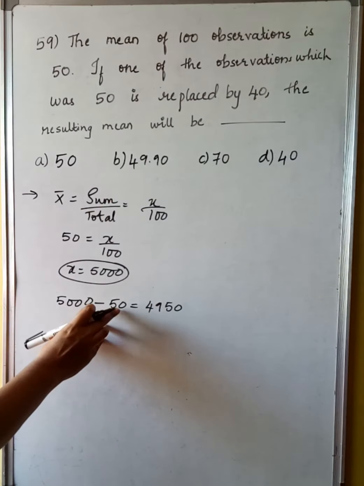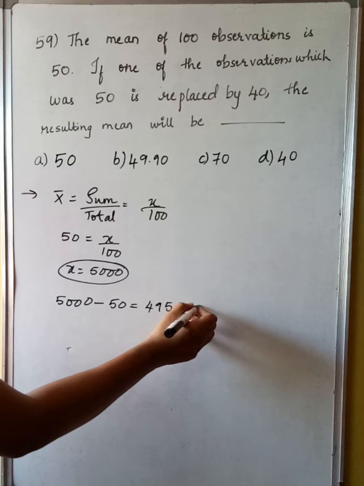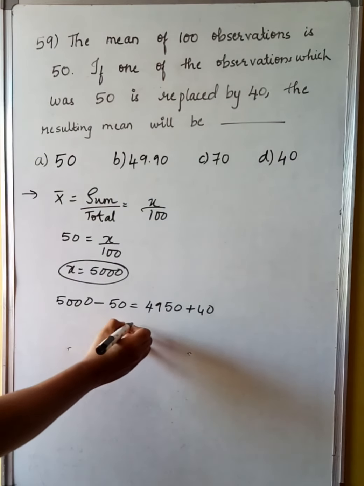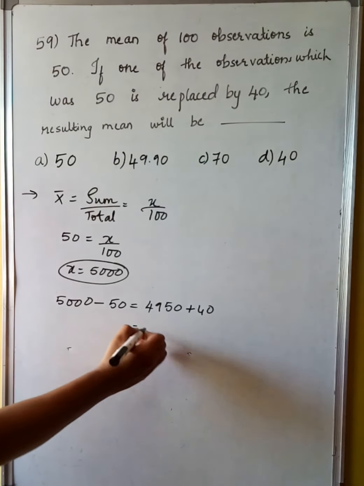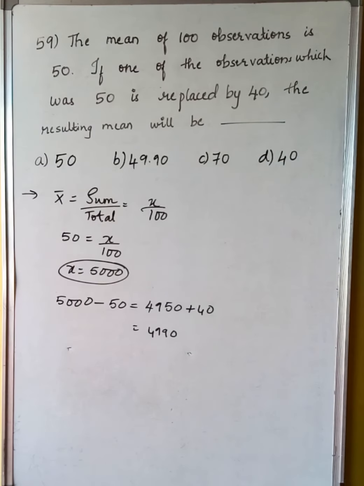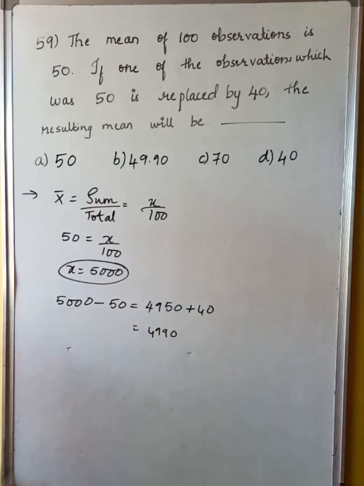Next, when it is replaced by 40 in place of 50, whenever it is replaced, what I'll be doing here is addition, as in the previous problems also. So when I simplify this, what I'll be getting as the answer is 4990. Yes or no? 4990. This is for when it is replaced by 40. The value of x we are getting is 4990.